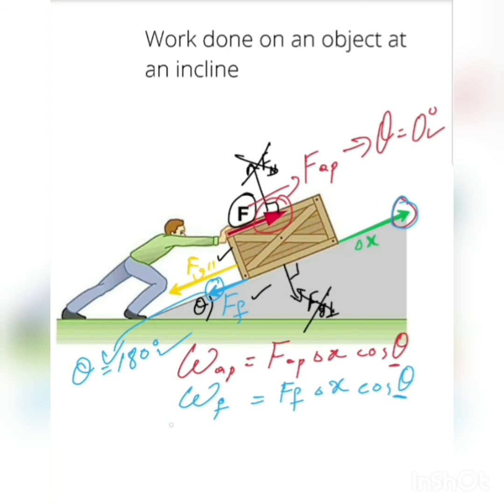Then lastly, we are going to calculate the work that is being done by the FG parallel. What we should note is that we should simplify the FG parallel into mg sine theta.